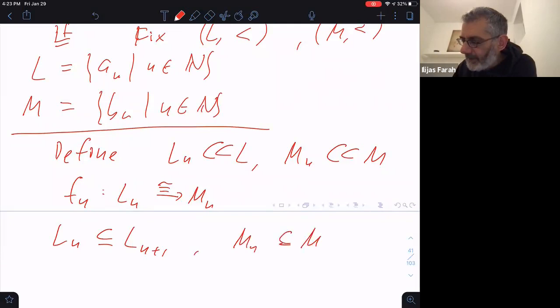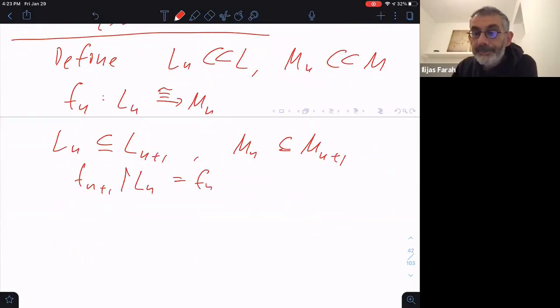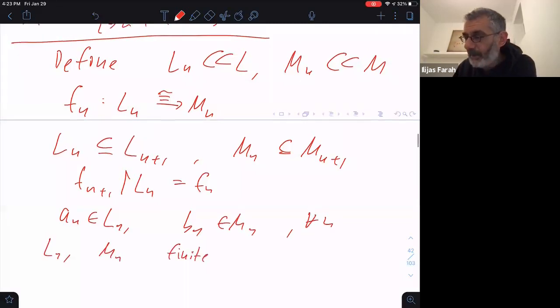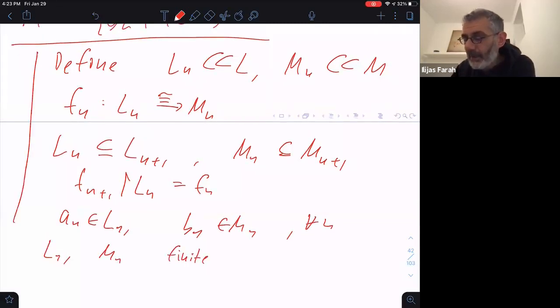So everything is increasing. If you take f_{n+1} restricted to L_n, you get f_n. And also what I want is that a_n belongs to L_n, b_n belongs to M_n for all n, and also L_n and M_n are all finite. So this is my setup.